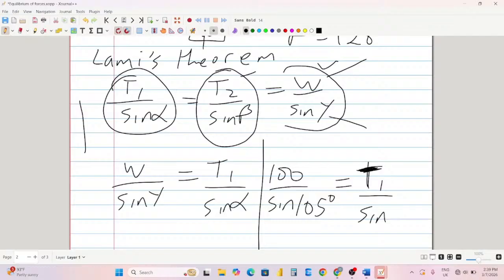Alpha should be 135, so sine 135 degree. Okay, someone can complete it for us so that we can get a move on.